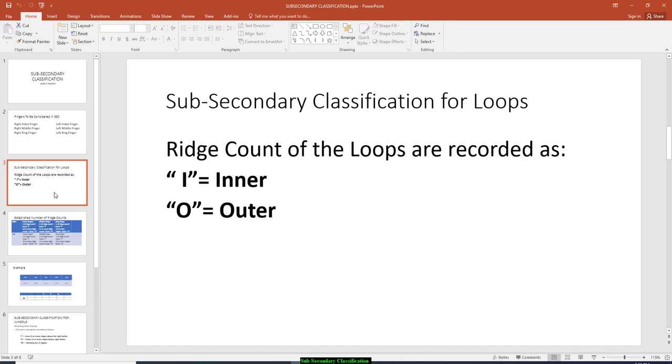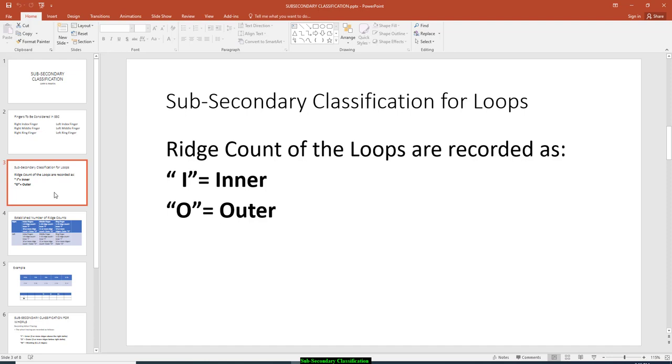let us consider first the ridge count of loops. Again, subsecondary classification for loops is that you need to conduct ridge counting. The symbols to be used are inner and outer.